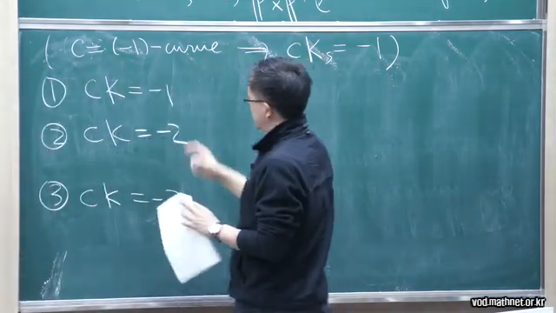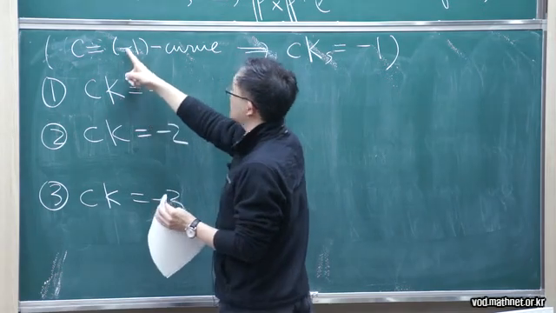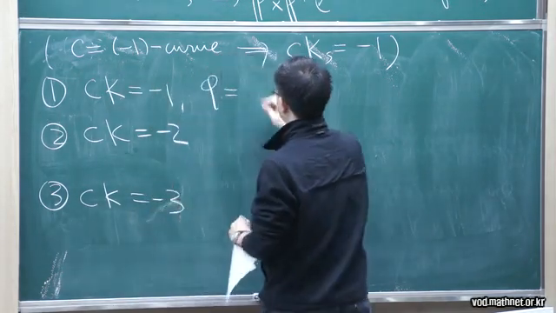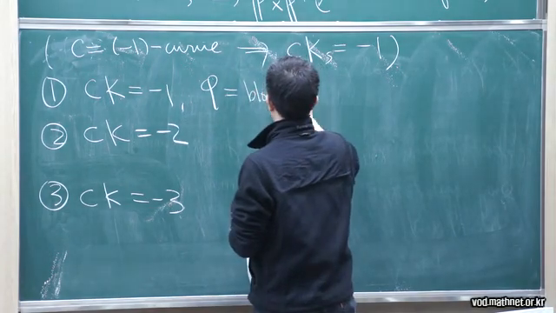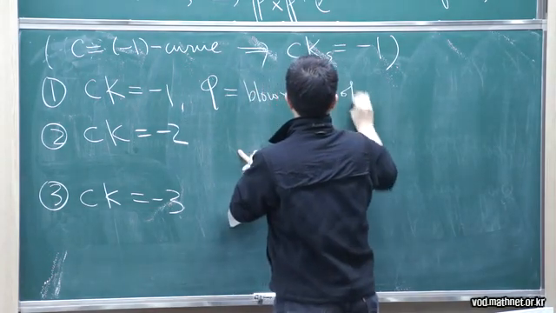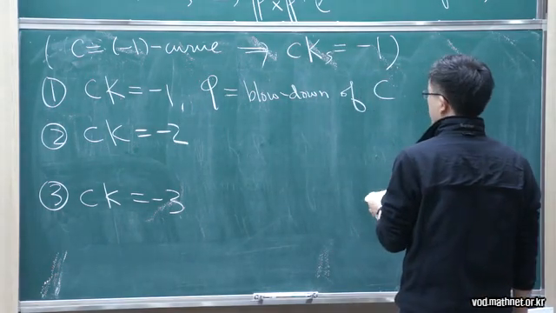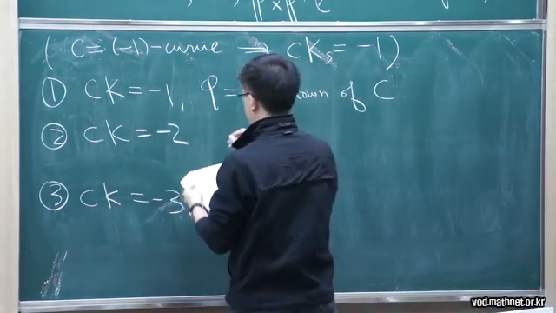So first case, this is actually just the blow down of -1 curves. Pi is the blow down of C. Okay. In this case, C is a -1 curve.